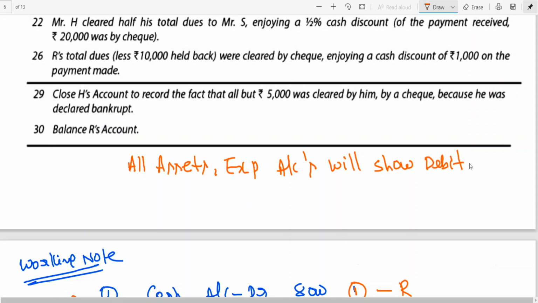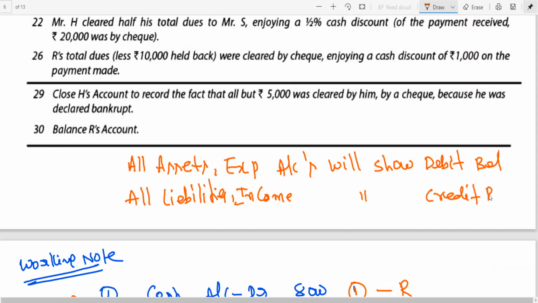All assets and expenses accounts will show a debit balance. Which accounts will always show a credit balance? These accounts will show a debit balance. These accounts will show a credit balance.